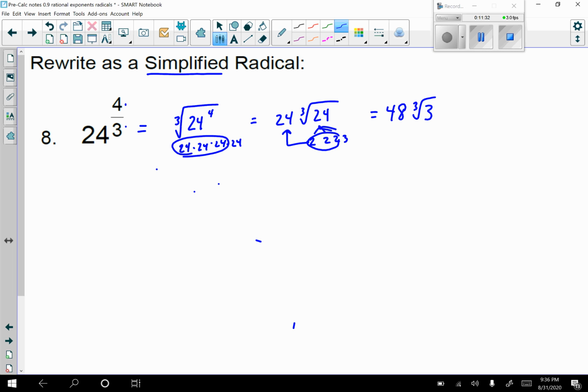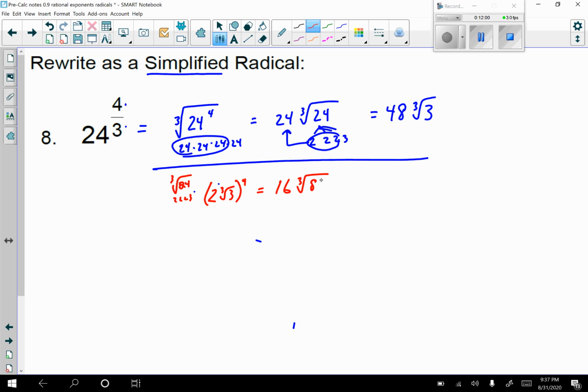Otherwise, you might be left doing something maybe a little bit like this. Maybe we cube root first and say the cube root of 24 breaks down into 2, 2, 2, 3. So that is 2 cube roots of 3. And now you have to decide that fourth power. It would be around the outside. Everything in there is still to the fourth power. 2 to the fourth power is 16, and you have cube root of, and you want to do 3 to the fourth power, that's 81.